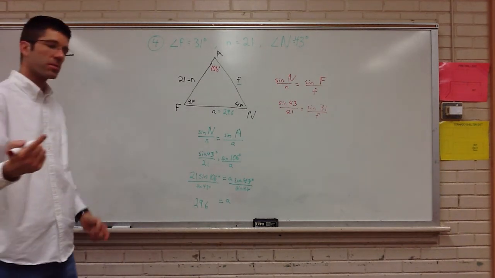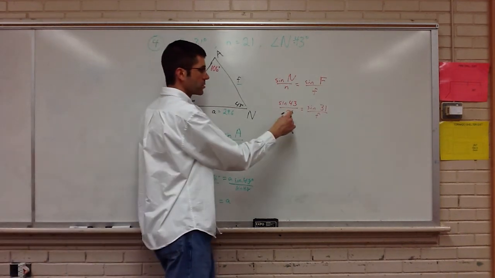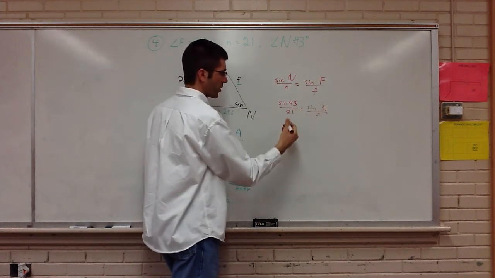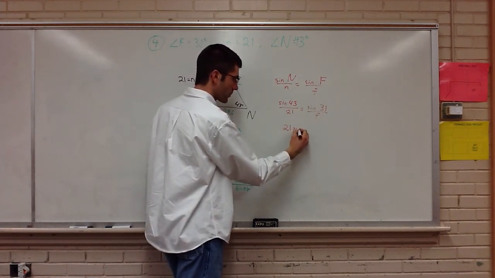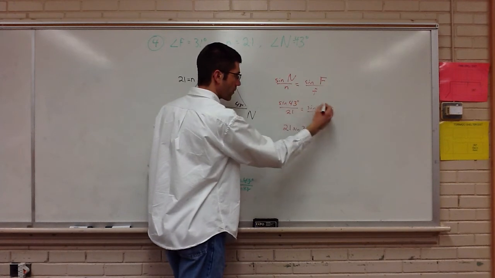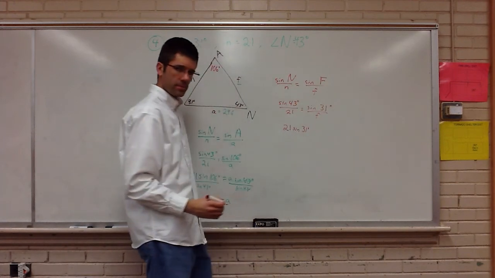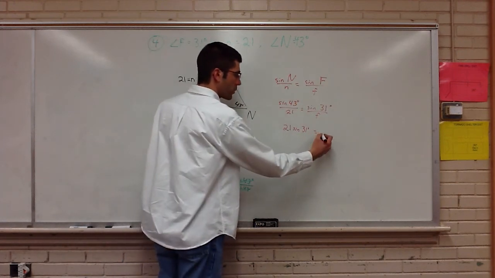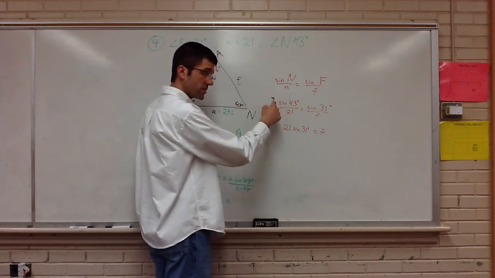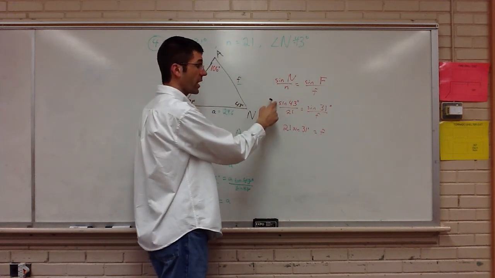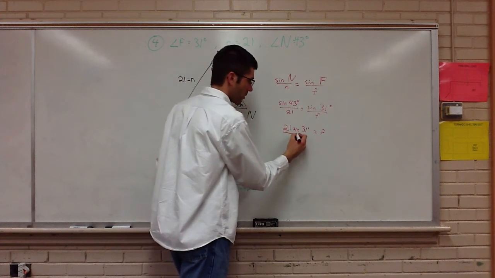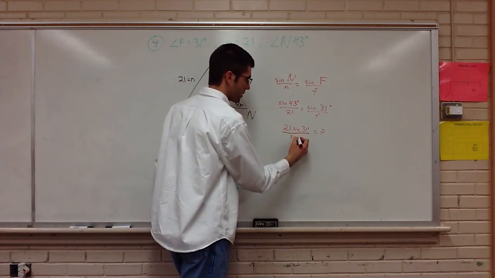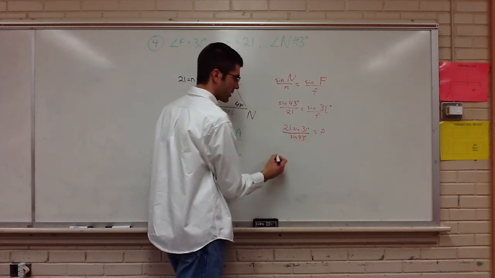We are going to cross multiply. 21 times the sine of 31 would normally be equal to f times this, but we're going to have to divide by that to solve it. That was an annoying sound, wasn't it?